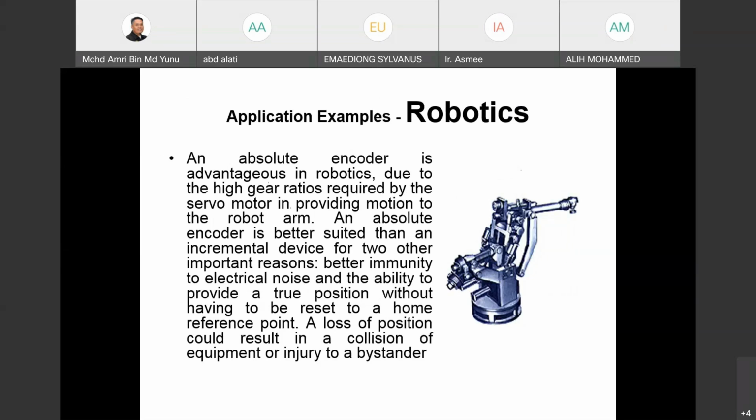And also in robotic arms, the absolute encoder provides the precise angle at every axis, every degree of freedom. Some robotic arms have 6 degrees of freedom or more. So it knows the angle of each degree of freedom, and then can move safely.